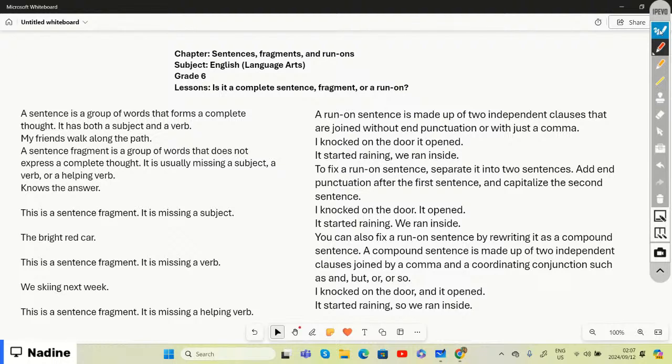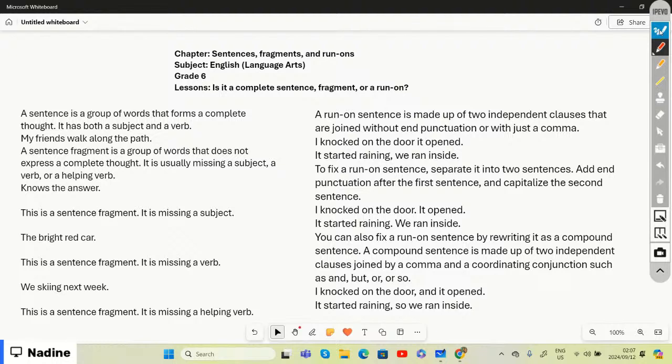Before we go on to what a sentence, a fragment, and a run-on is, remember when you are writing a sentence, a paragraph, or an essay, you need to look at how you formulate and write your specific sentences.